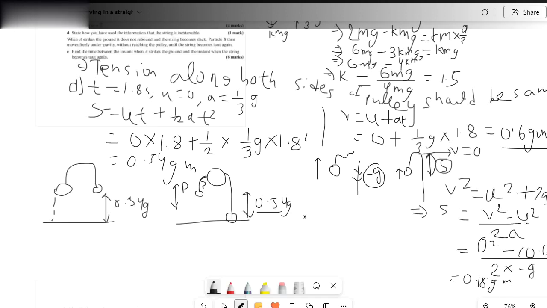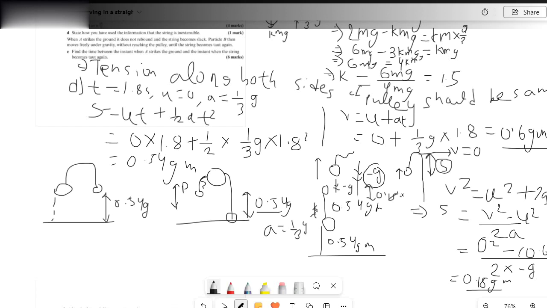So considering the full motion of particle P, initially it was 0.54 g meters above the ground, and after Q moved a distance of 0.54 g, P also moved the same distance. As soon as Q stopped, the particle P was starting to move under free fall, so minus g becomes the acceleration, and we have calculated that the distance traveled in that motion is 0.18 g.